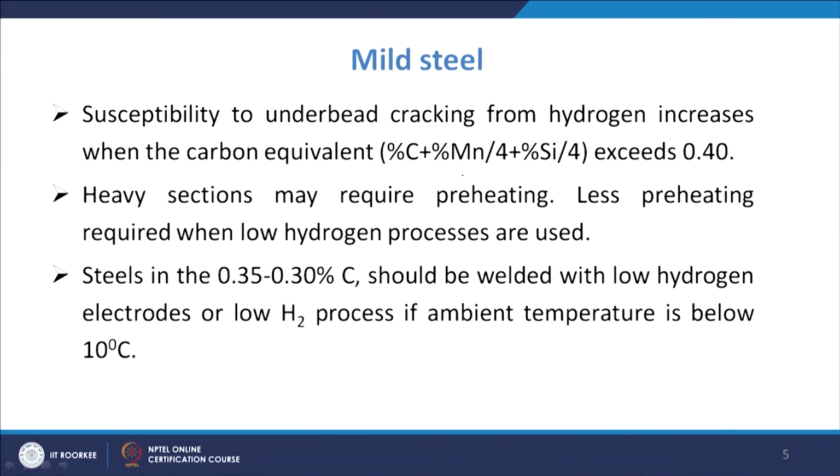And what is seen is that when this carbon equivalent value exceeds 0.4, the susceptibility to underbead cracking from hydrogen increases. That is one thing which is observed in the case of these mild steels.